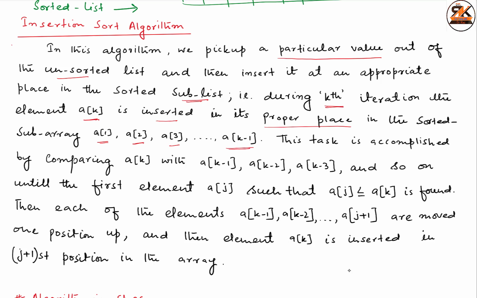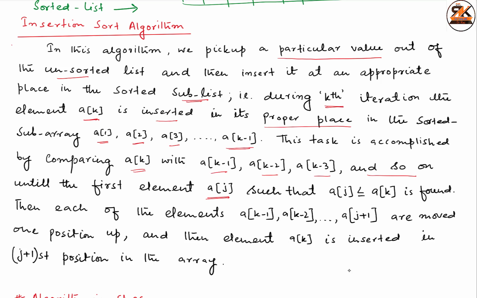After that we insert ak by comparing the value of ak with all the elements in the sorted subarray. The task is accomplished by comparing ak with ak minus 1, ak minus 2, ak minus 3 and so on until the first element aj.